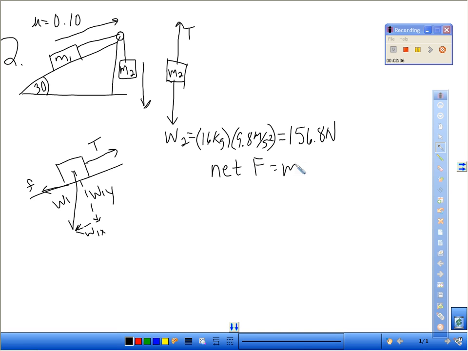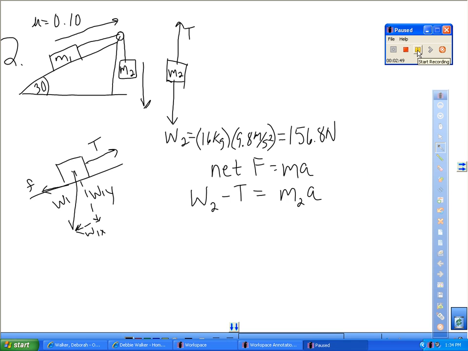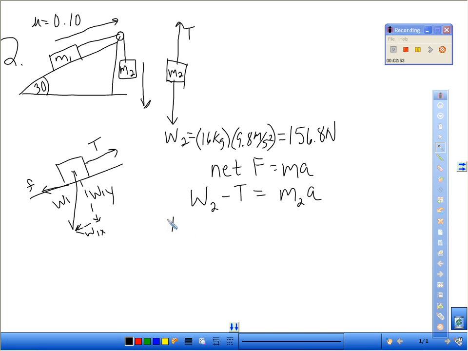I have two bodies, so I need two equations. I have W2 minus T equals M2A. All right, for my second body, I have tension, which is positive, because I need it to cancel with the negative tension.